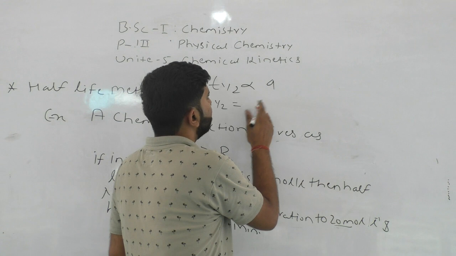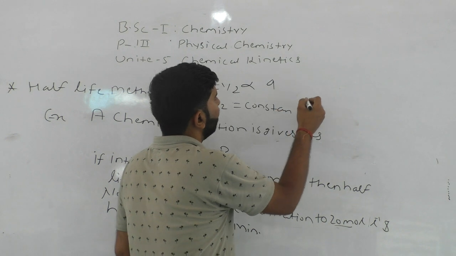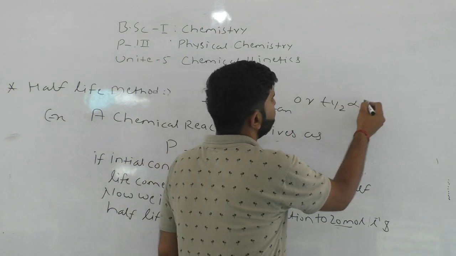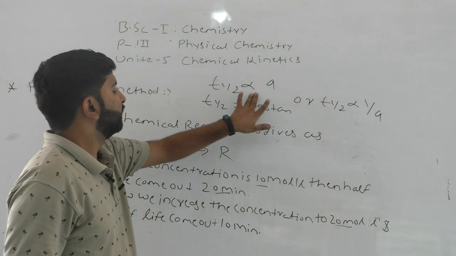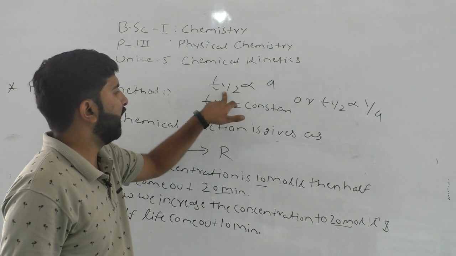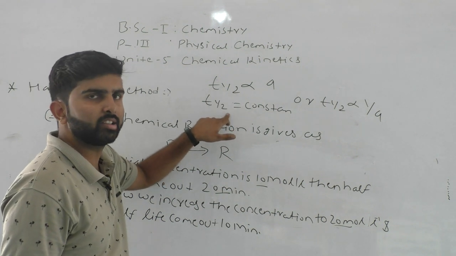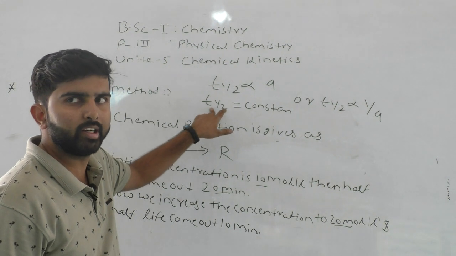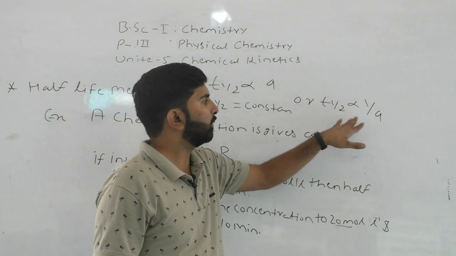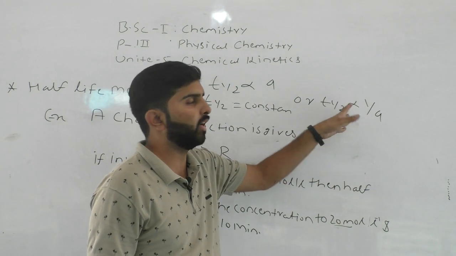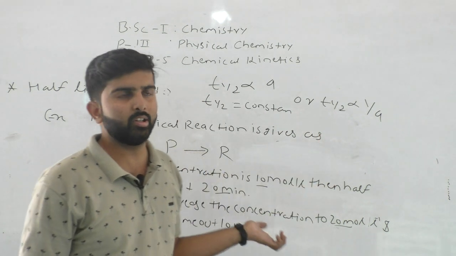In a second order reaction, t half is inversely proportional to A. So if we increase the initial concentration and the half life gets doubled, then it is a zero order reaction. If we increase the initial concentration and it comes out constant, then it is a first order reaction. If we double the initial concentration of the reactant and it comes out half of the time, then it is a second order reaction.